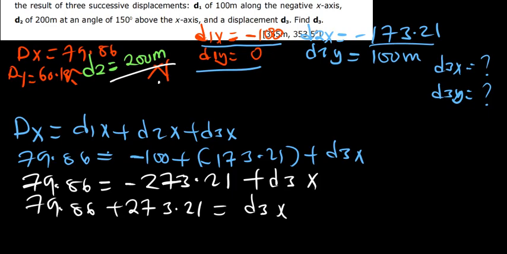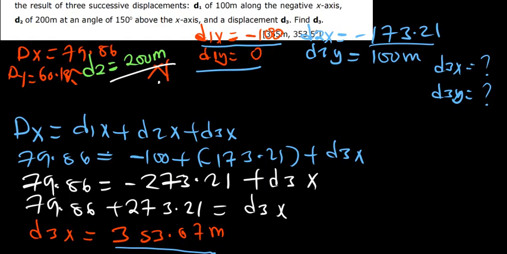Then add those two, meaning that our d3x will be equal to 273.21 plus 79.86. So I'm getting 353.07 meters. That is the x component of vector d3. Okay?